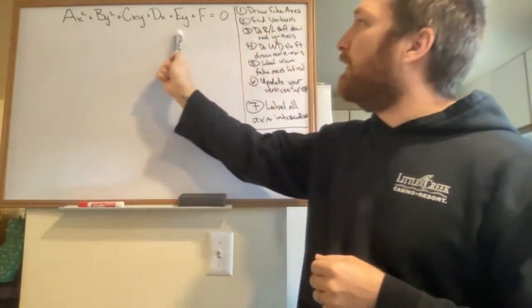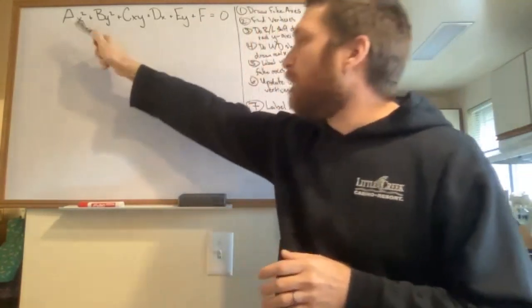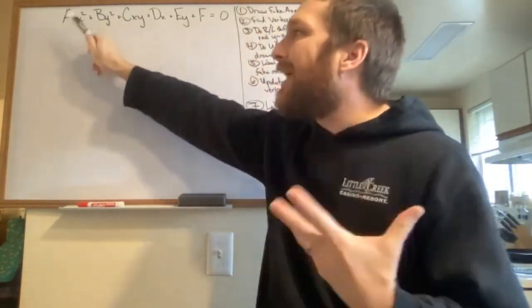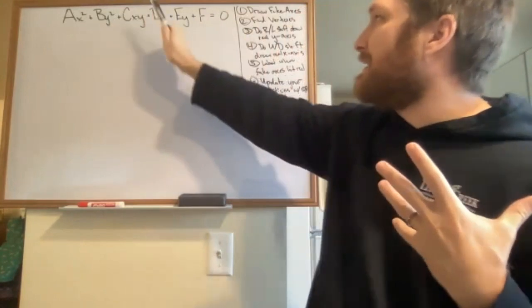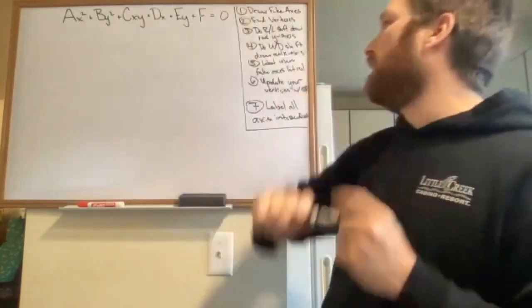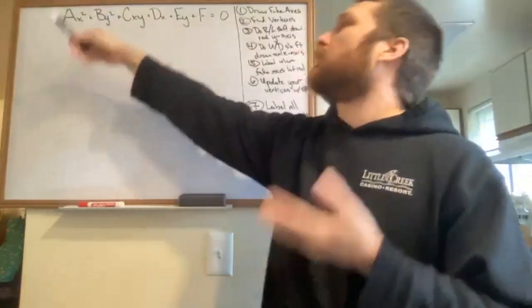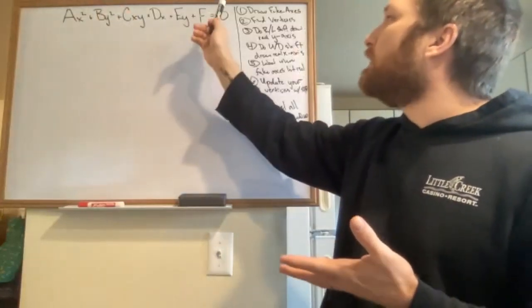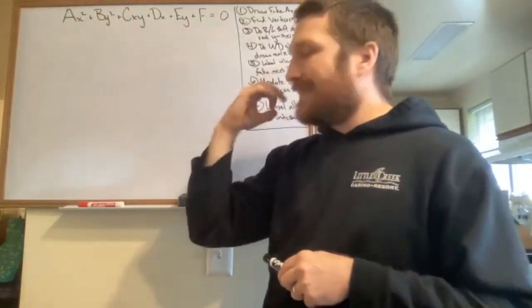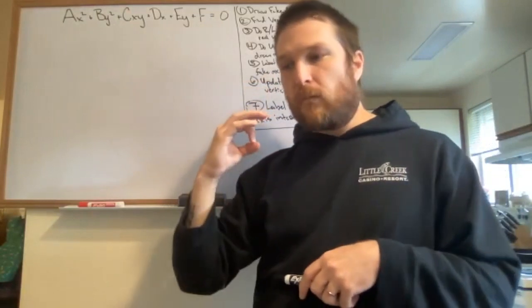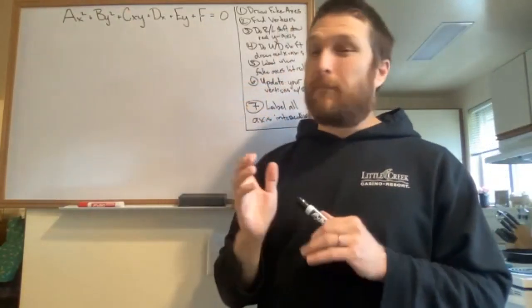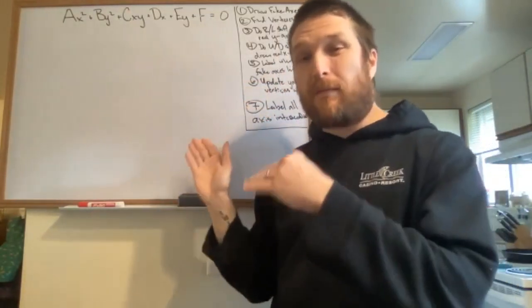This type of equation, where we have some constants A, B, C, D, E, and F, and we have it like this: ax squared plus by, and so on, equals 0. This type of equation shows up everywhere in a bunch of different ways, and that's what we're going to talk about for this high level stuff.